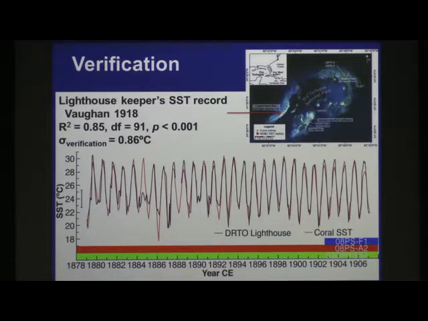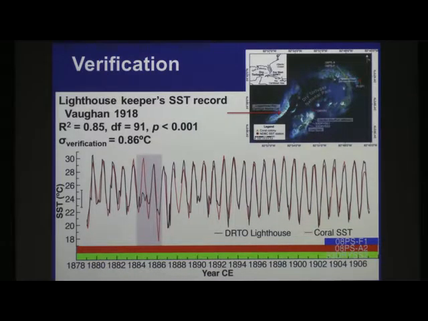So do you guys see why I did a little dance now? This is really cool that it matches up. No one's ever done a verification going back this far in time. So this tells me my coral strontium calcium calibration is stable on 130-year time scales. So that's a big deal.